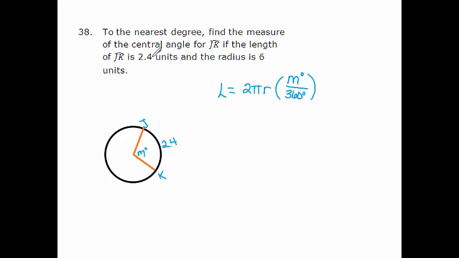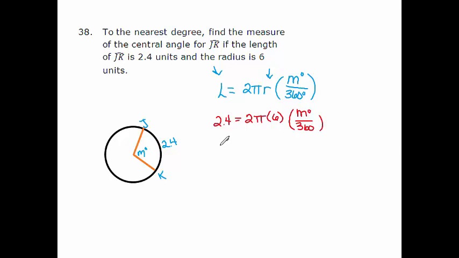They tell us that the radius is 6, and they tell us the length. So I can plug in the length and the radius and solve for m, which is my missing piece. So that's 2.4 equals 2 pi times 6 times m over 360.